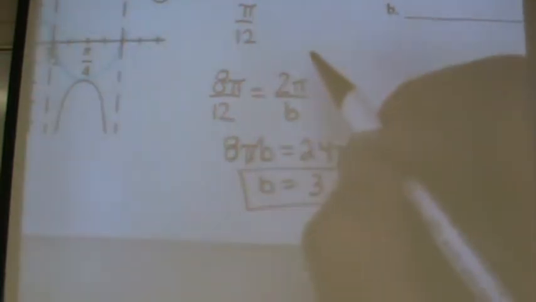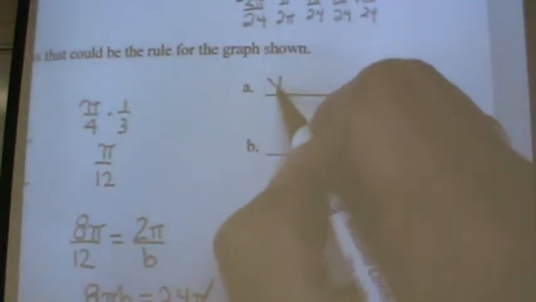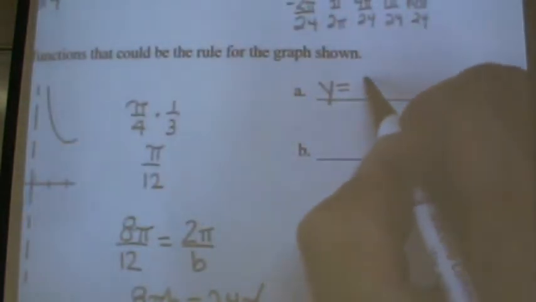Now, the hard part was to find out that each of these are worth pi over 12. So if we write the equation starting from A, which is the sine graph, it's gonna be y equals, the amplitude is what? 2, a lot of you guys got that.